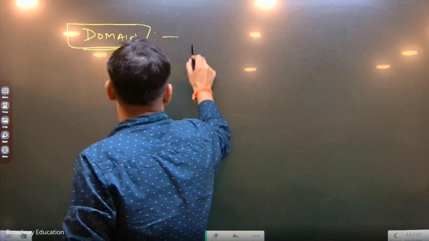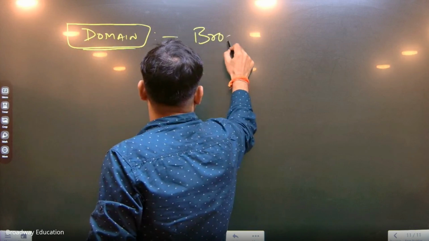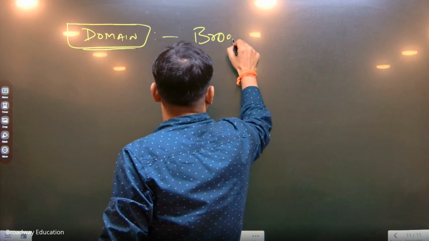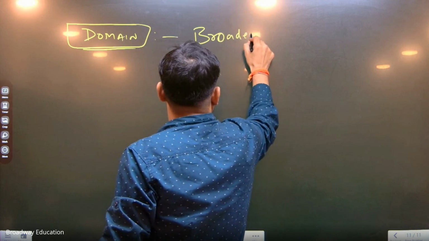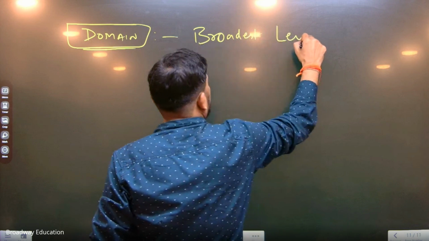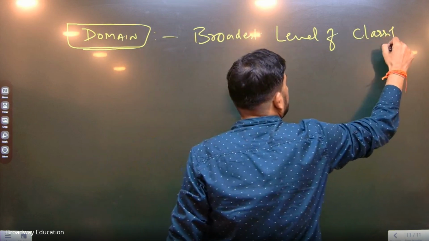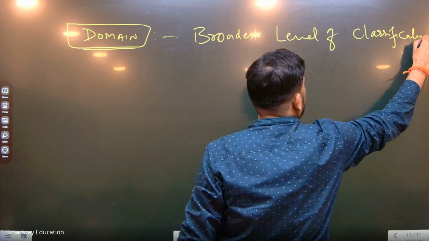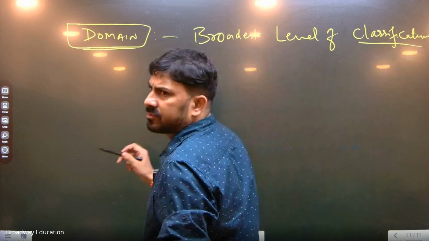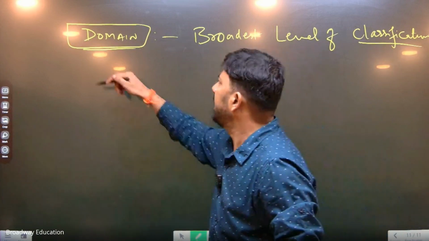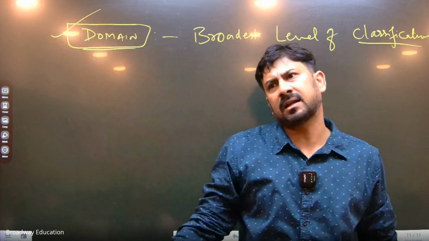This is the broadest level of classification. You just mug up this flow chart, okay? If they ask you the broadest level of classification is what? Answer should be domain. Is this part clear to everyone?